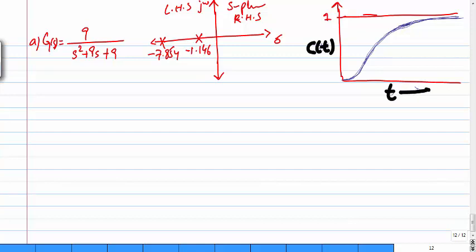This is your t. This is your response. That's much better.